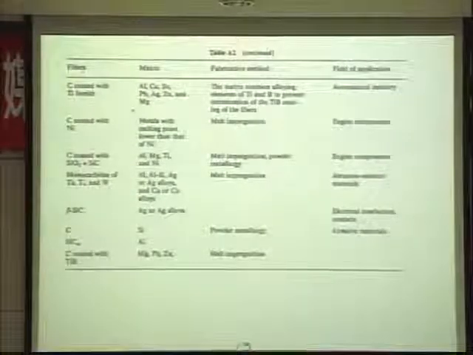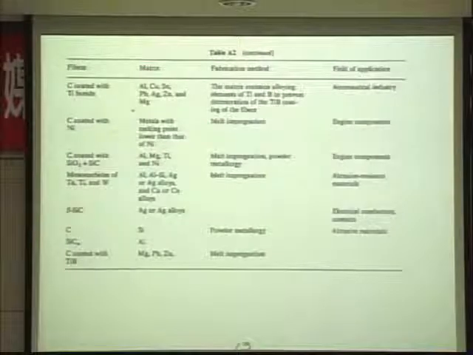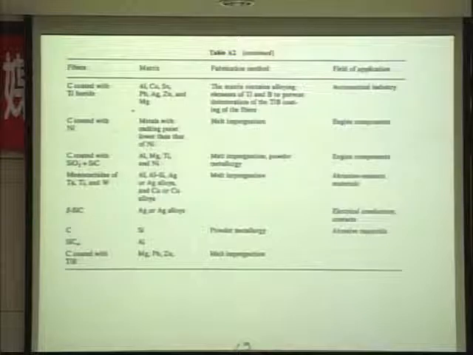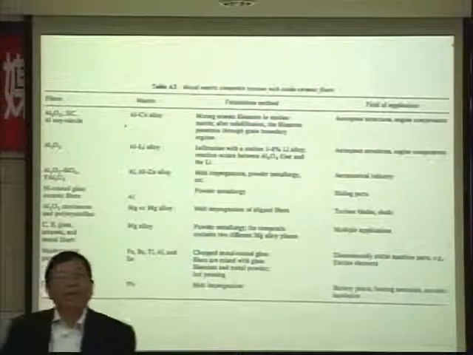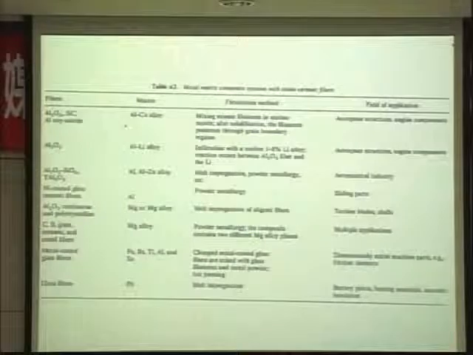Those are some information that I think is good, so at least you have some source. People have also developed a lot of oxide fiber. 3M makes a lot of Nextel fiber, which is for reinforcement.